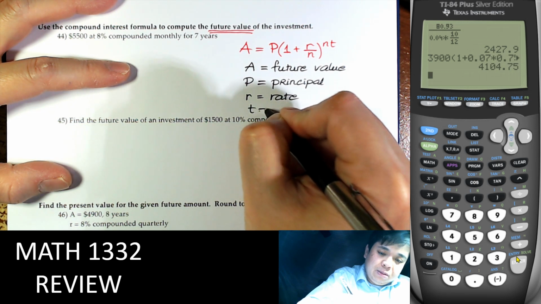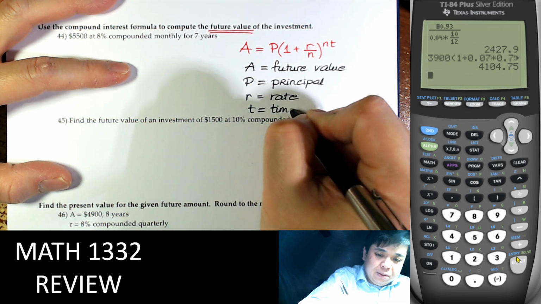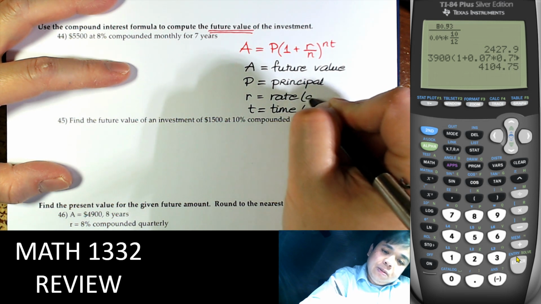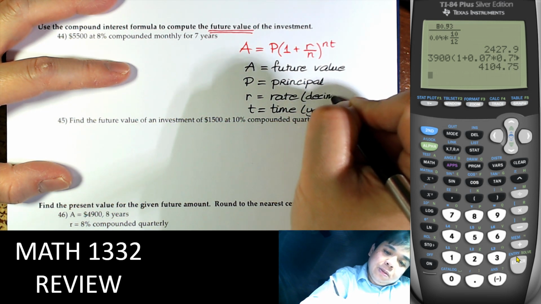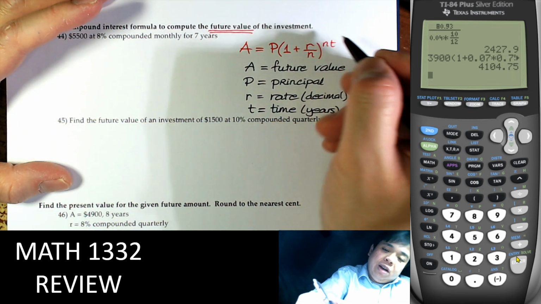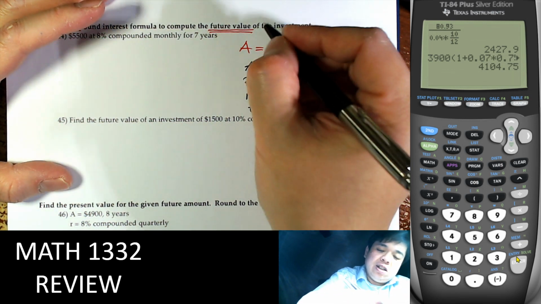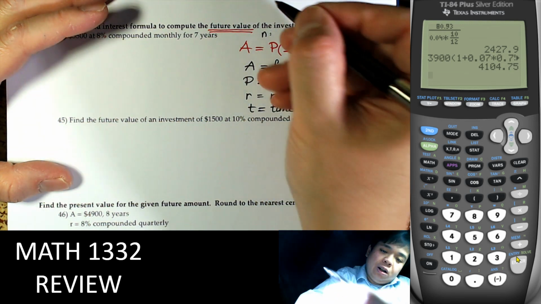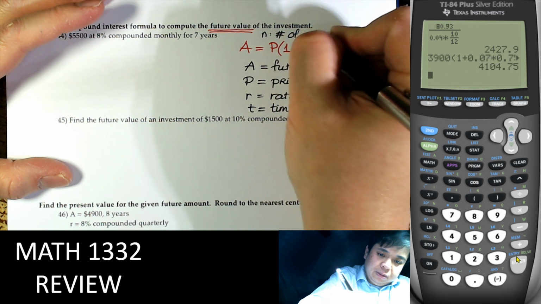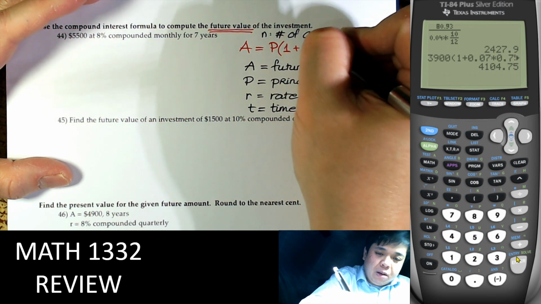T is the time in years. And we do have the N. But the N here is the number of compounding periods. So how many times it is compounded a year.